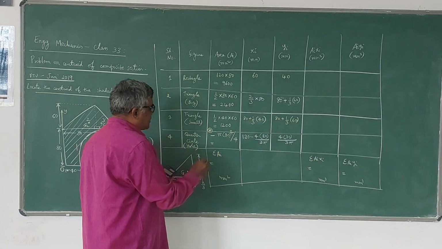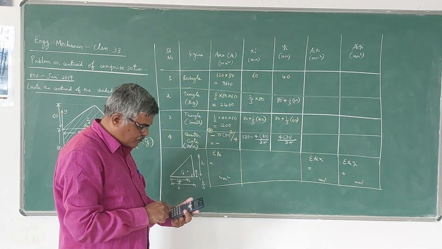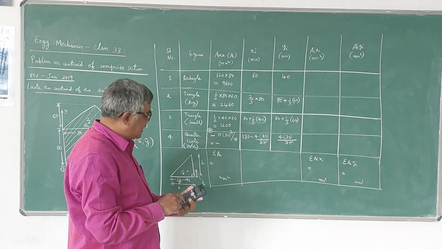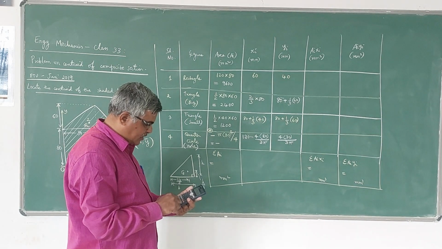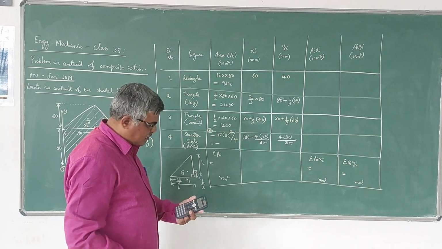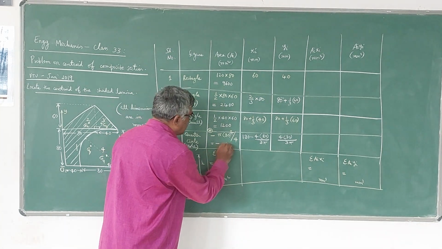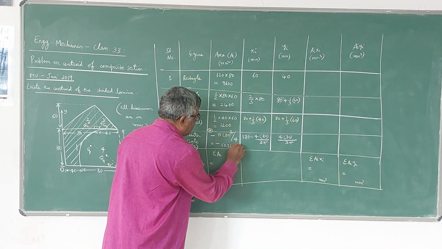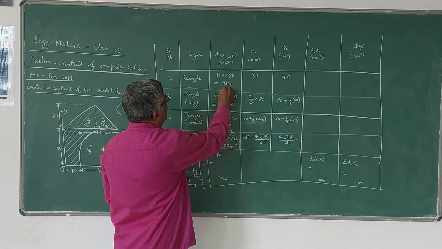And here this value is negative: pi into 80 square divided by 4, which is 5026.5 millimeter square.